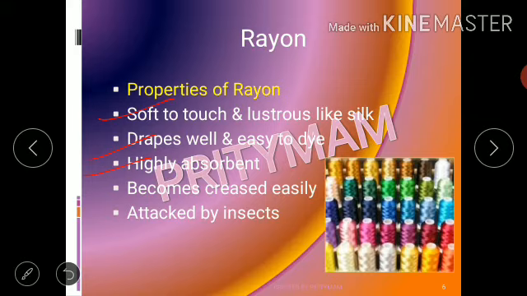It becomes creased easily, but it can be ironed if it becomes creased. It can be attacked by insects as it is biodegradable, because it is made of wood pulp, so it can be attacked easily by insects.